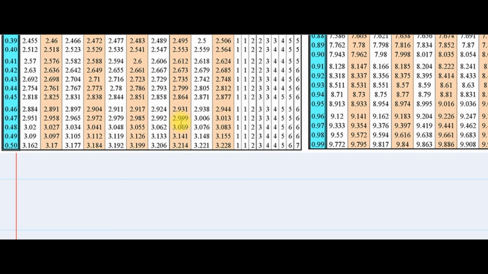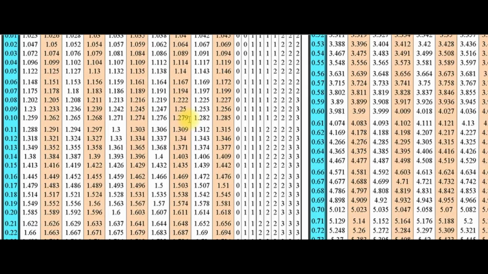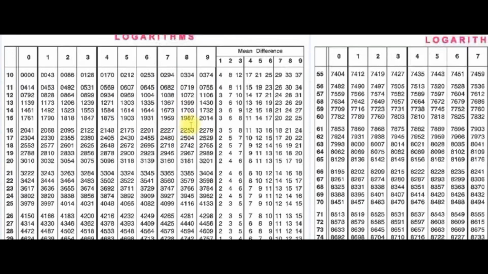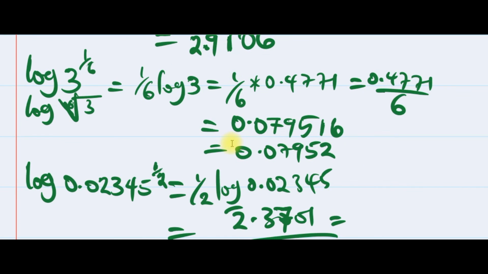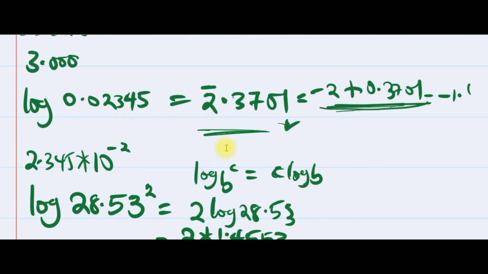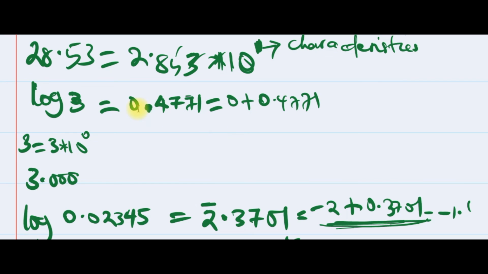That's 30000. Don't just neglect the decimal here. So we now check the characteristic. What is there? It is 0. Since it's 0, it must be a 1-digit number, so 3.000.